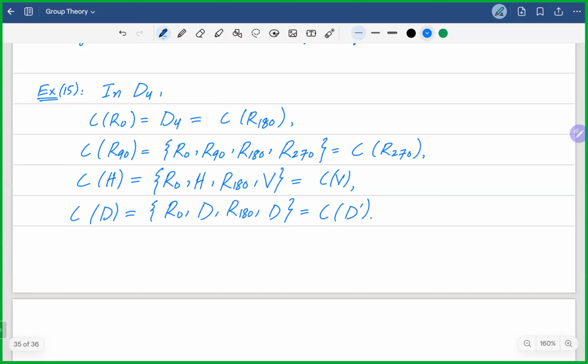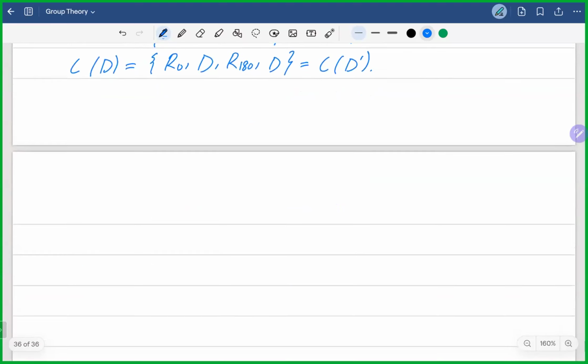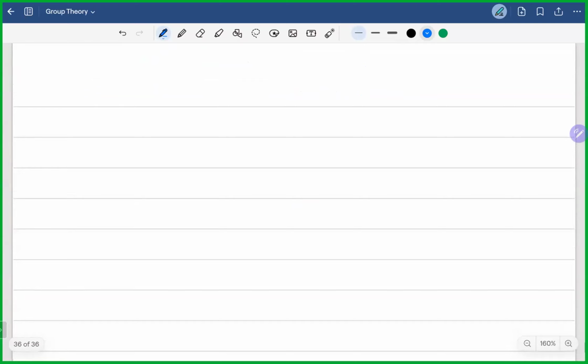Notice that each of the centralizers in example 15 is actually a subgroup of D4. So the next theorem shows that this was not a coincidence. Okay. So the theorem says the centralizer C of A is a subgroup.